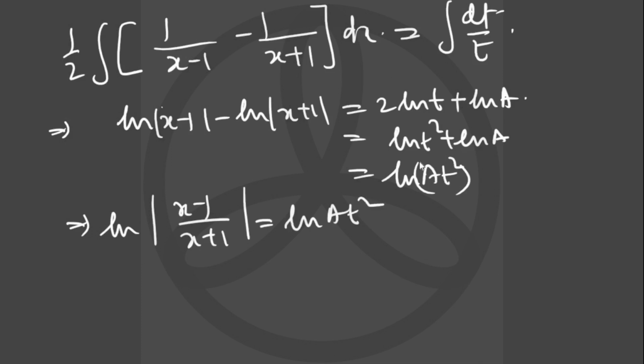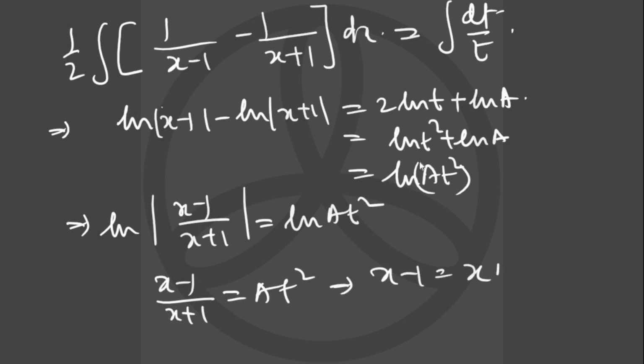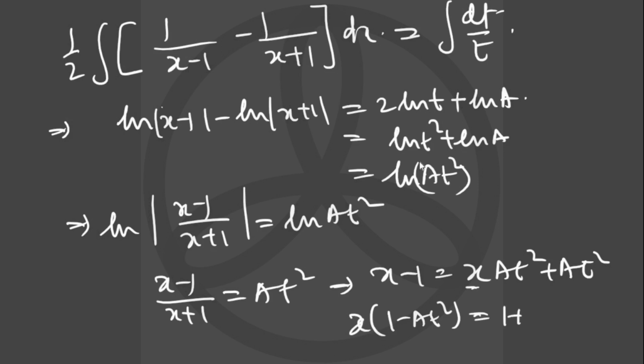We take antilog on both the sides and simply we will get (x-1)/(x+1) = at², or x - 1 = xat² + at², and we take x this side, we get x(1 - at²), and we take 1 this side, it will come and add here, and it will become 1 + at².